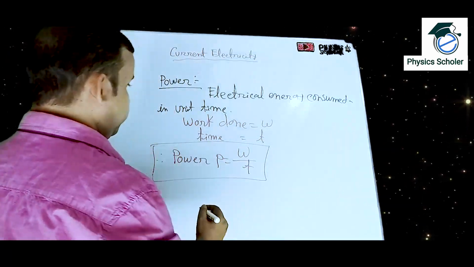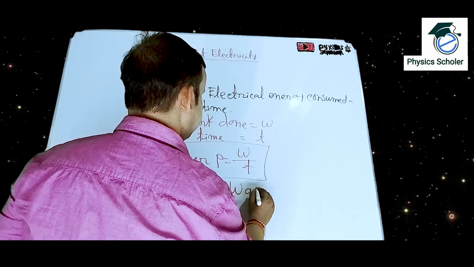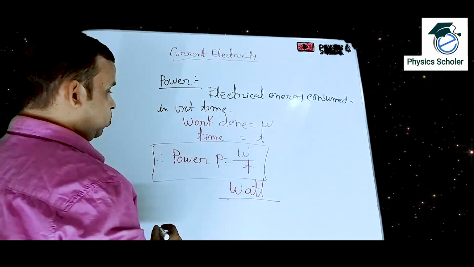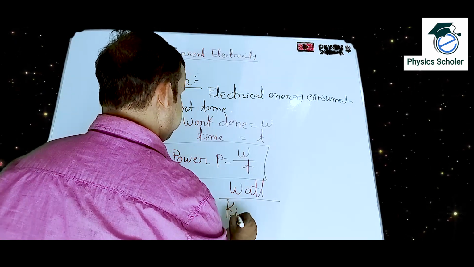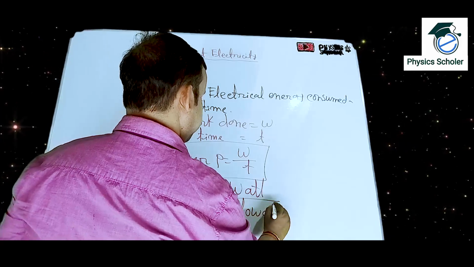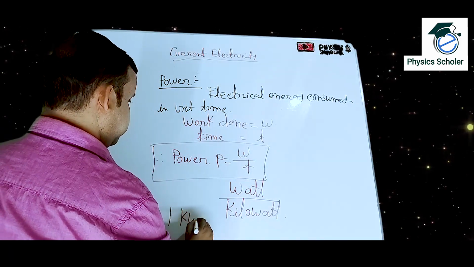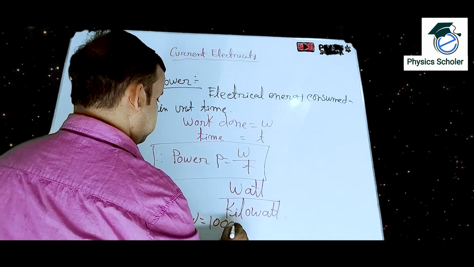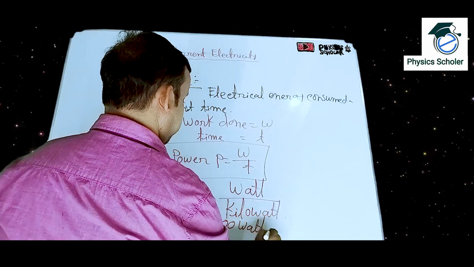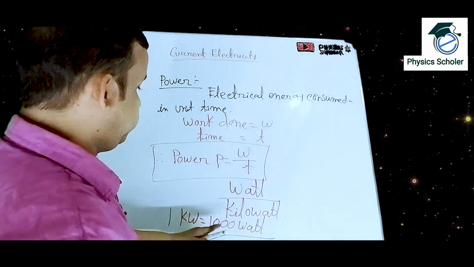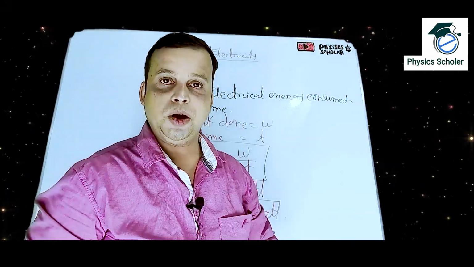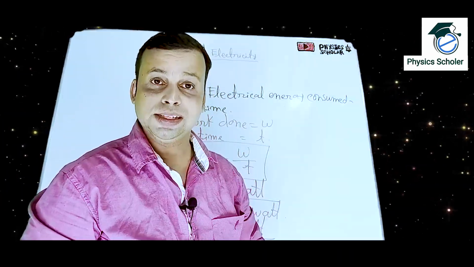The unit of power is basically watt, and for commercial purposes it is used as kilowatt. So 1 kilowatt is equal to 1000 watt. A very basic relationship between the kilowatt and watt. The unit of power is watt and the bigger unit is kilowatt.